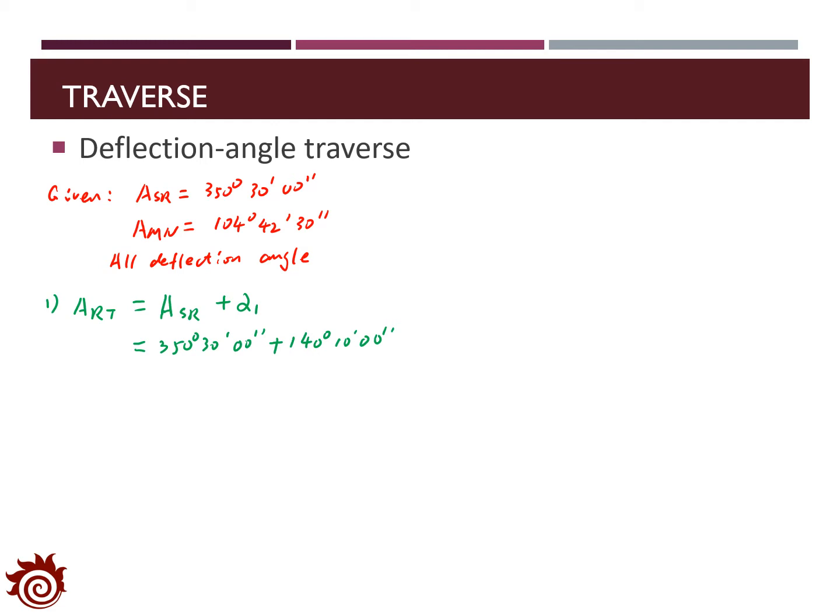Obviously, you can see that the summation is higher than 360 degrees, but we know that for all the azimuths, it should be between 0 and 360 degrees. So we need to apply this condition to the calculation and minus 360 degrees.